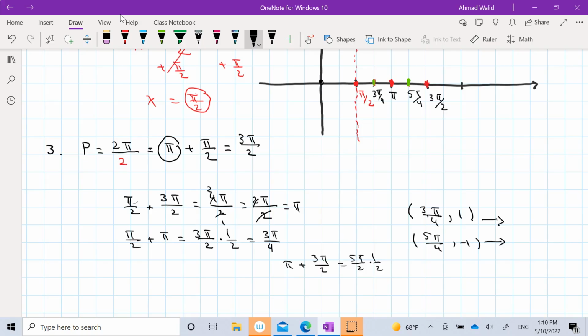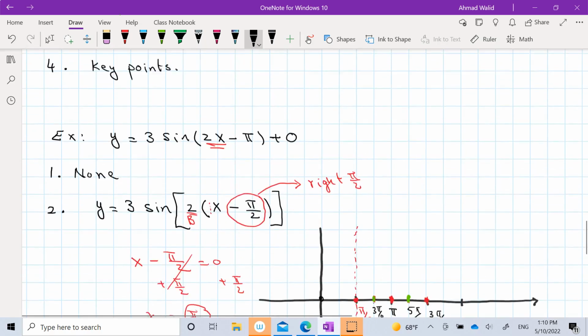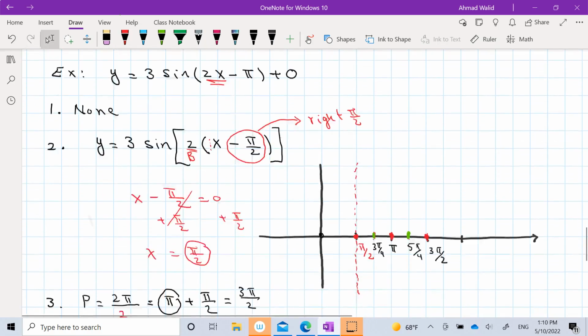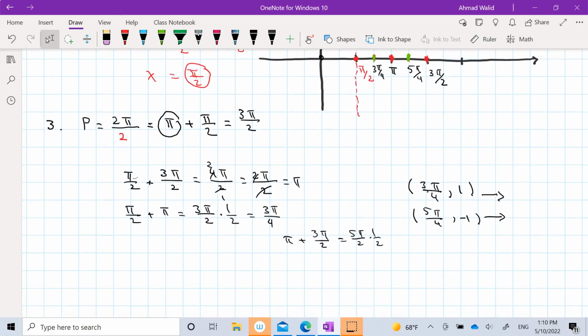Remember, you always multiply it with your amplitude, with A, which is 3, correct? It means you multiply here your output with 3, and you multiply here your output with 3, gives you the new key points, which is 3 pi over 4, comma 3, and 5 pi over 4, comma negative 3.